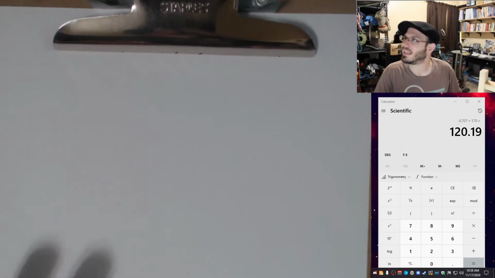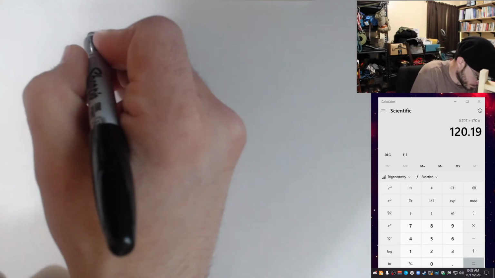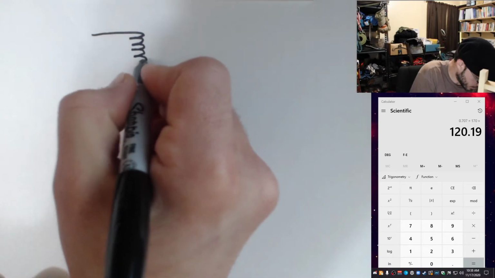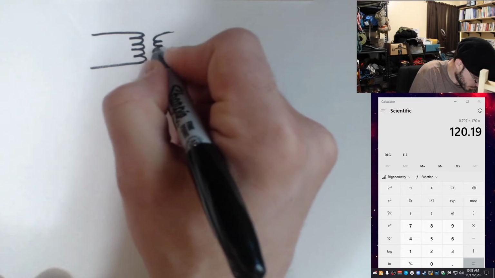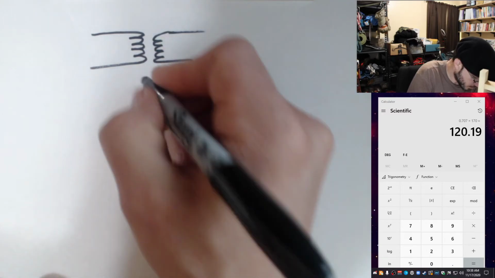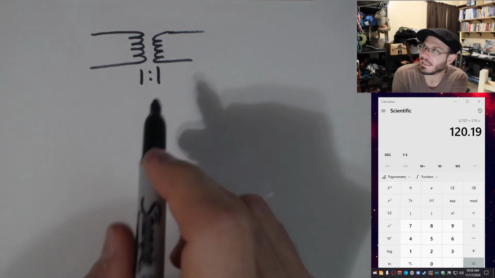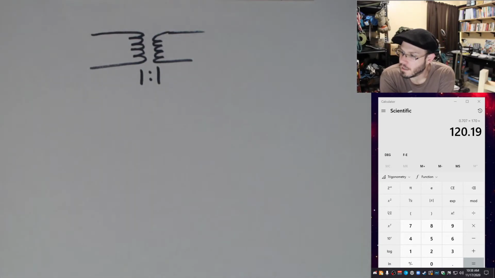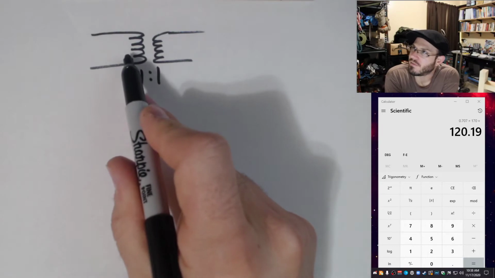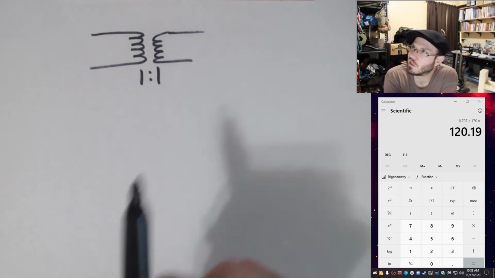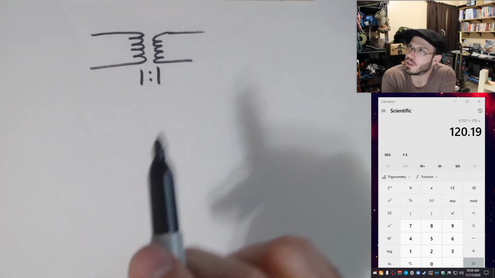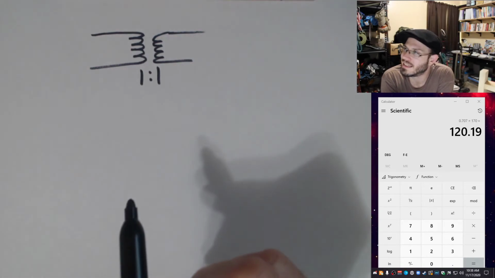Now let's set up a little example with a 1 to 1 transformer. This is all you're going to see on a schematic. It doesn't matter if I have 10 turns on this side and 10 turns on this side, or if I have 100 turns on this side and 100 turns on this side.